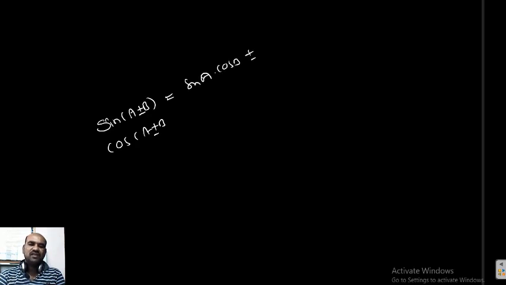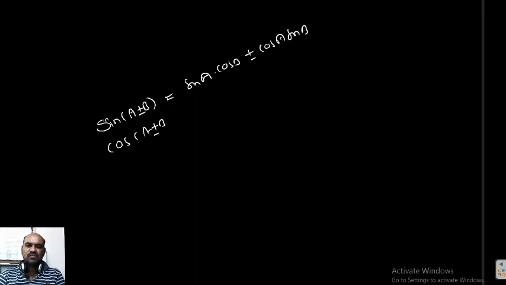Hello students, this is the third part of concept of compound angles. In parts 1 and 2 I derived some formulae: sin of a plus or minus b is sin a cos b plus or minus cos a sin b.